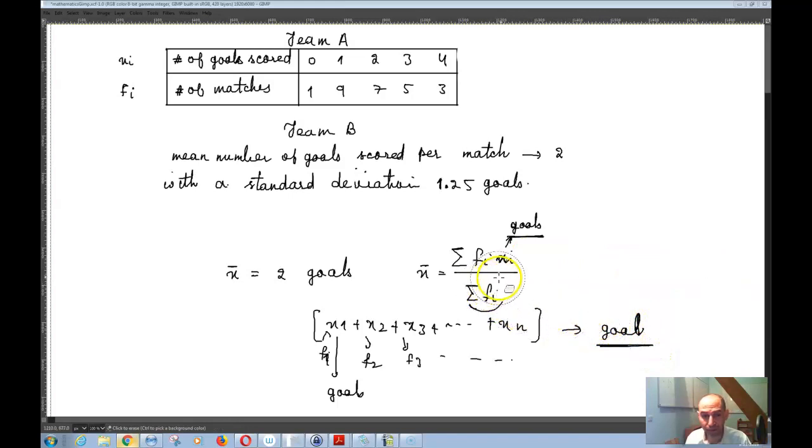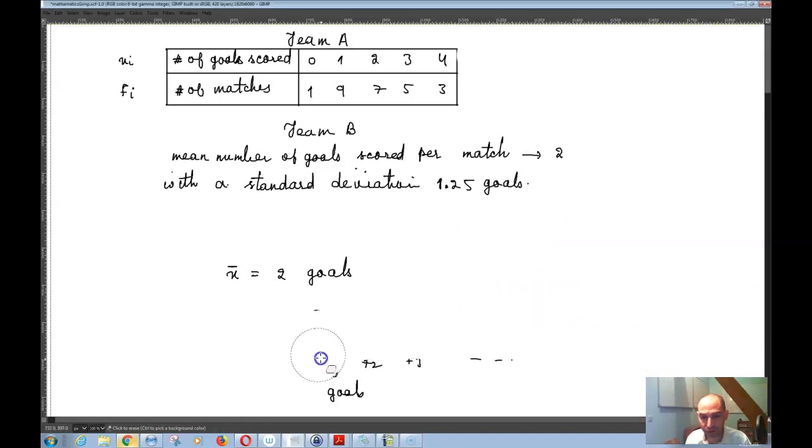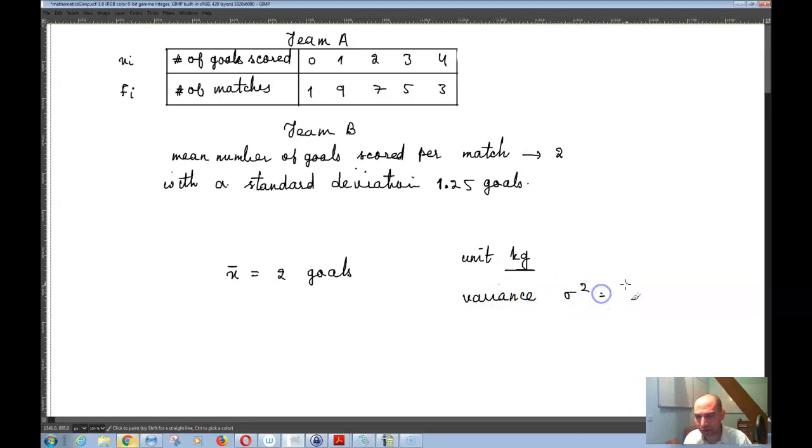Now, when you have all of these observations, where let's say the unit is kilogram, for example, you have 100 observations where all of the observations are in kilogram, and you take the variance of those observations, variance is sigma squared, and it's equal to 1 over n times sigma of f of i times x of i minus x bar whole squared as i goes from 1 to n.